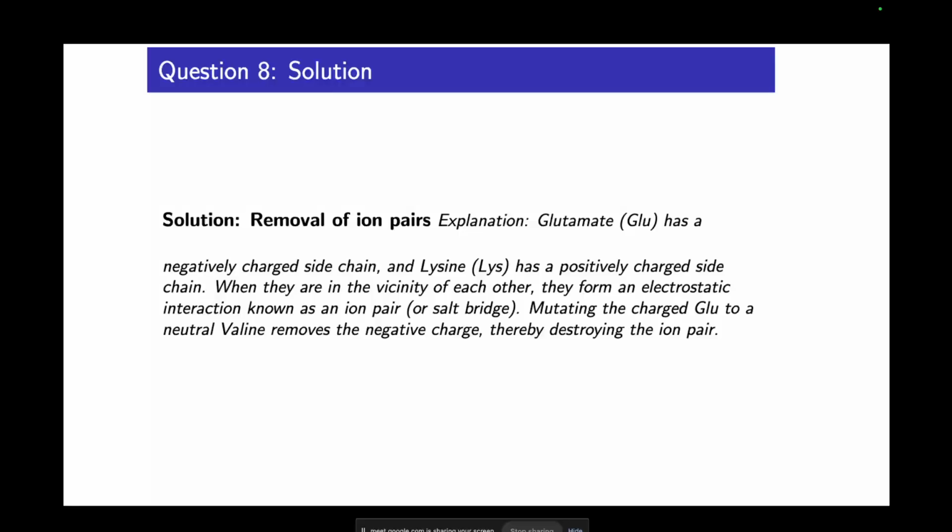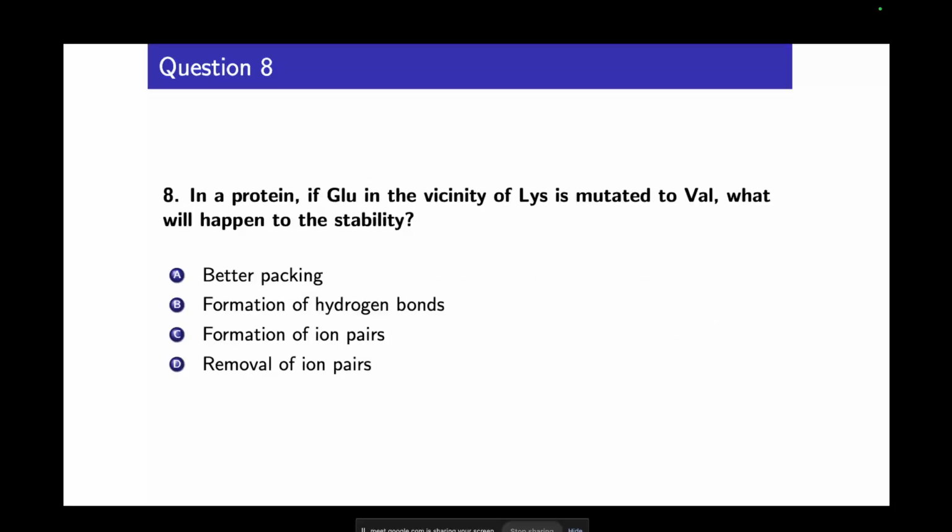When they are in the vicinity of each other, they will form electrostatic interactions, which are known as salt bridges. So, mutating the charged glutamate to a neutral valine will remove this negative charge. And valine is basically a hydrophobic amino acid, and it will destroy the ion pair.